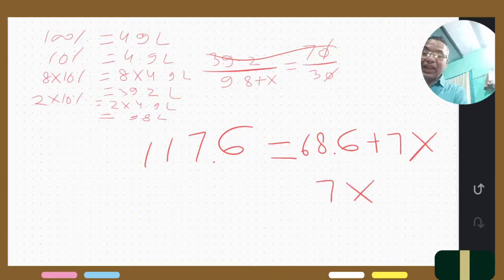Now 7x will be equal to 117.6 minus 68.6. So 0.6 will cut 0.6.